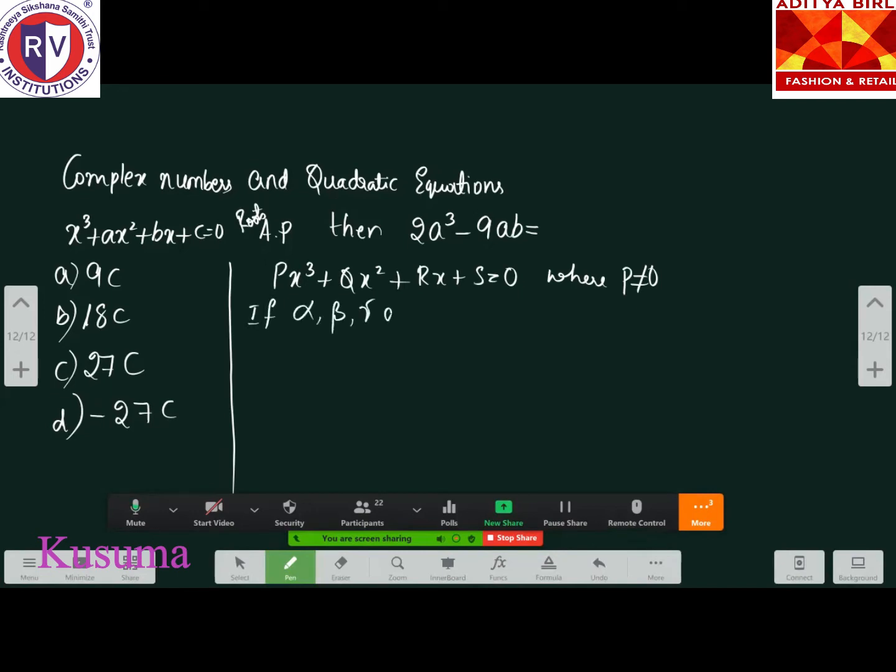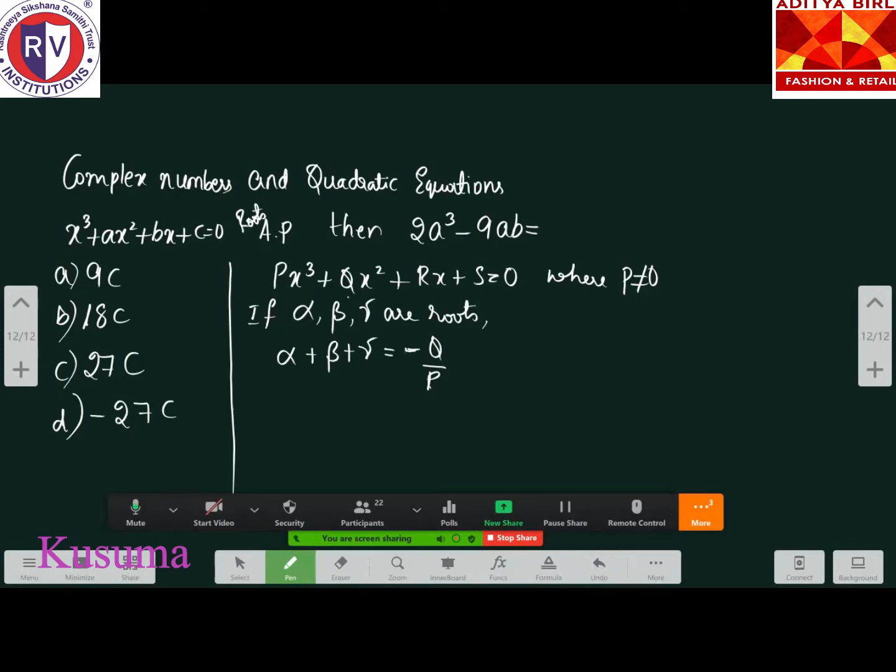alpha, beta and gamma are roots of this equation, then the sum of the roots, that is alpha plus beta plus gamma, will give us minus q by p, that is the coefficient of x square divided by coefficient of x cube, but negative of the value.